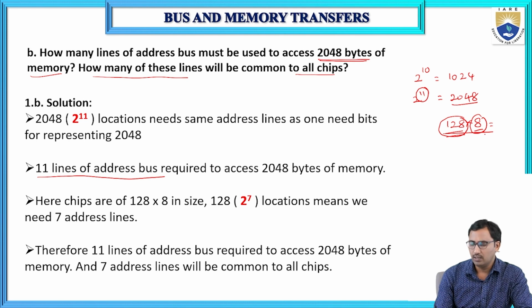That is the capacity. In order to represent the 128 memory locations, we require 7 address lines, so that we can access all these 128 memory locations. So a total of 7 address lines will be common to all the chips.